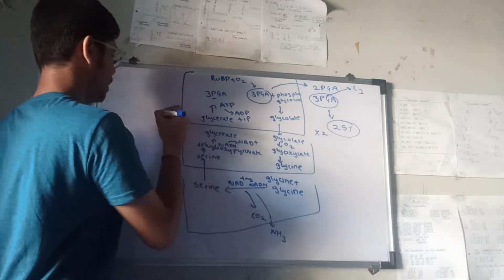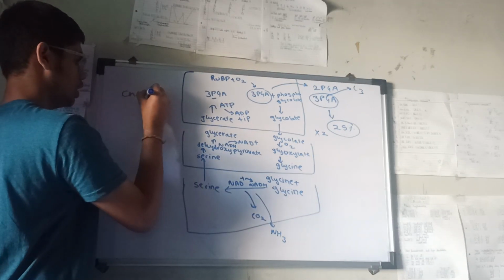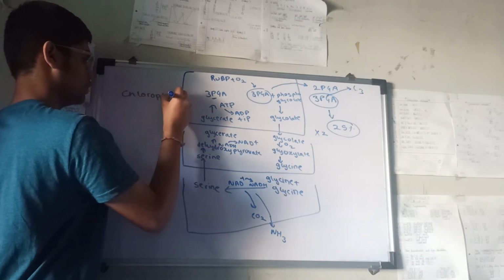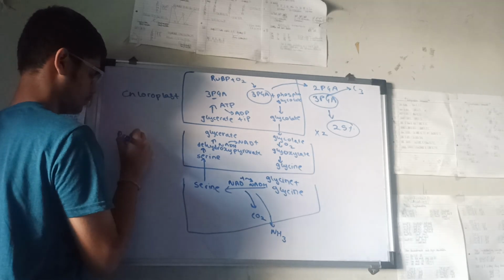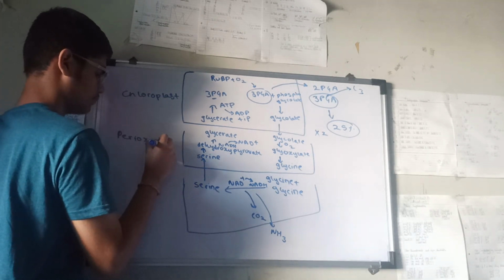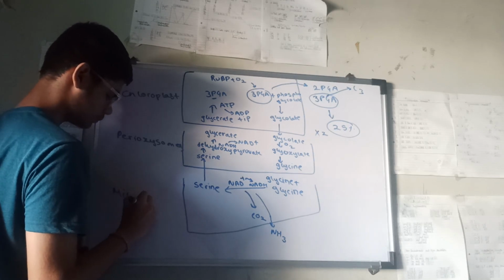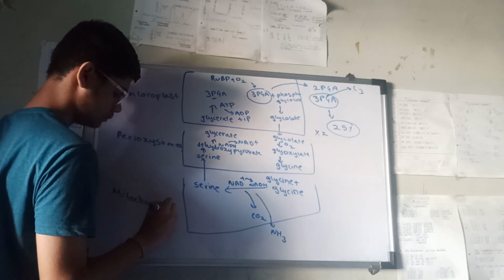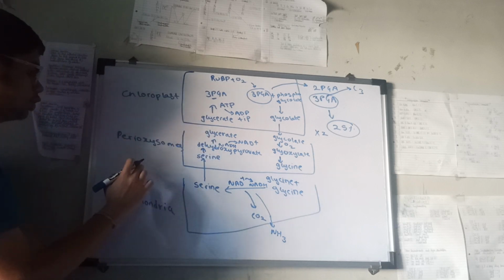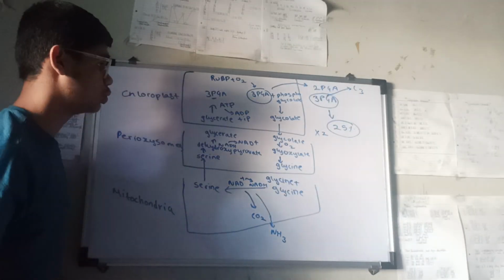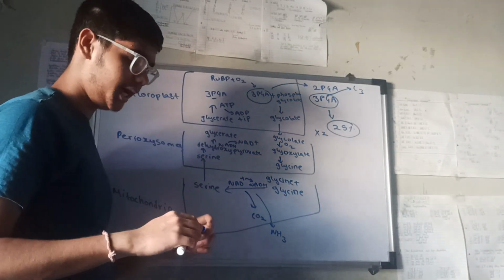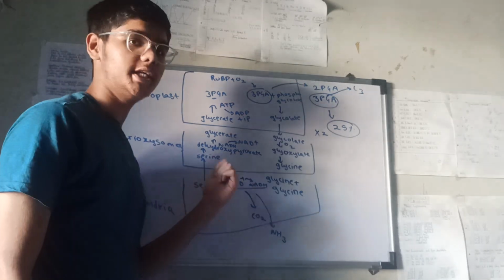I am naming the organelles over here so that you can take a screenshot. Chloroplast, peroxisomes and mitochondria. One more question can be framed: when does this take place?